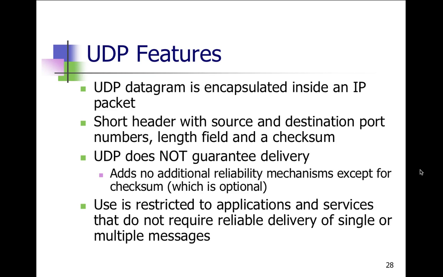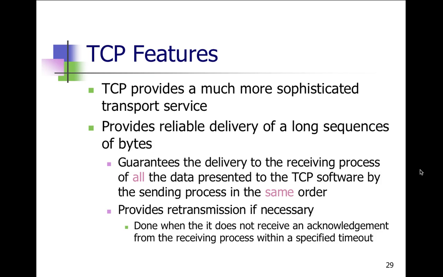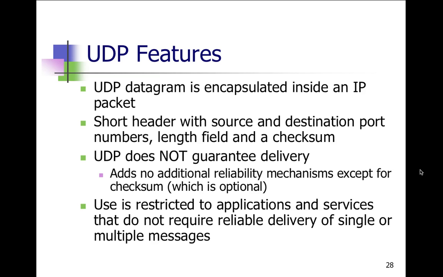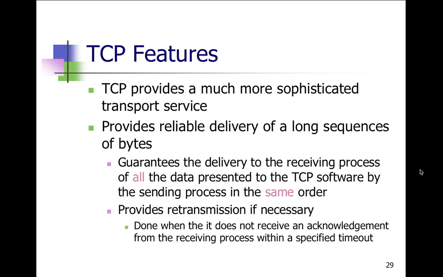Its uses are restricted to applications and services that don't require reliable delivery of single or multiple messages themselves. You could probably think of some applications and protocols that are based on UDP. SMTP, a separate protocol itself, but it uses a datagram, an unreliable packet. So when we send an email message, it would be nice to have confirmation. In fact, you can do a fake one.